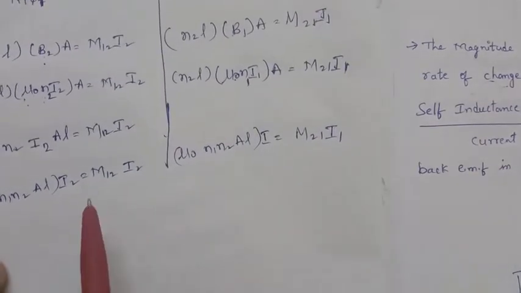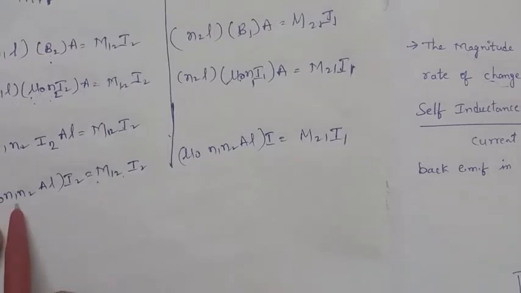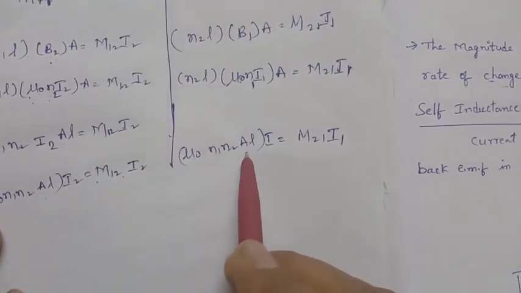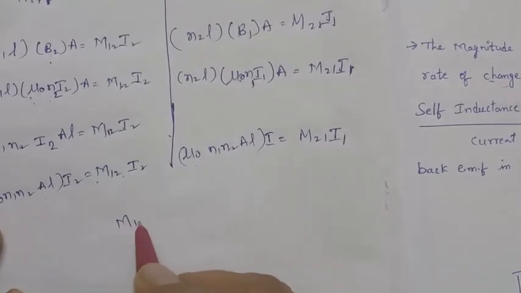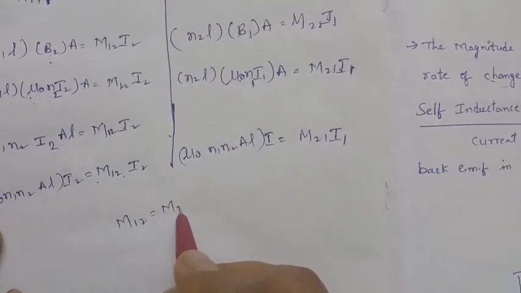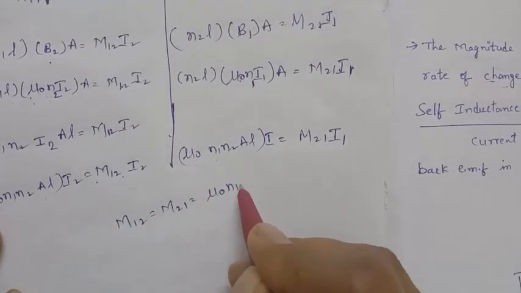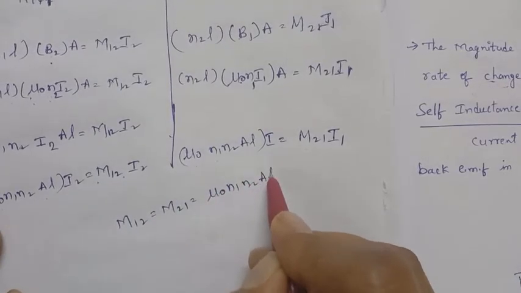So you have to observe these two equations. M12 is equal to mu naught N1 N2 A L, and M21 is also mu naught N1 N2 A L. So M12 is equal to M21, that is equal to mu naught N1 N2 A L.